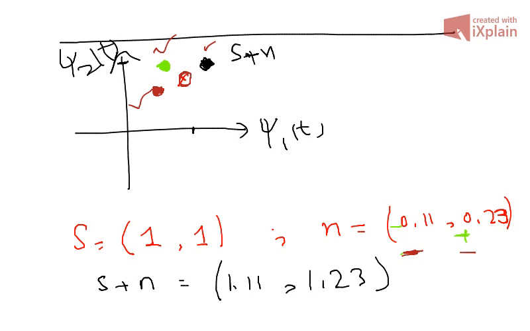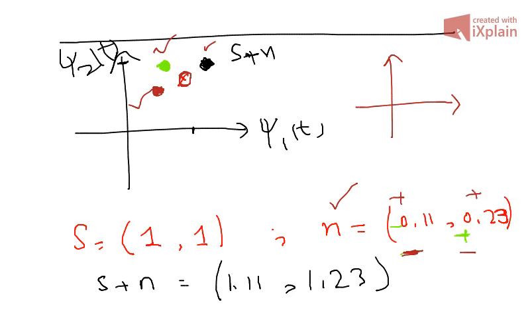I expect that this is enough for the effect of noise on our signals, and you should be able to draw white noise in Euclidean space also. If I say just draw noise in Euclidean space and I give you this vector, you should be able to draw it. Suppose both are plus, for plus we have this noise.